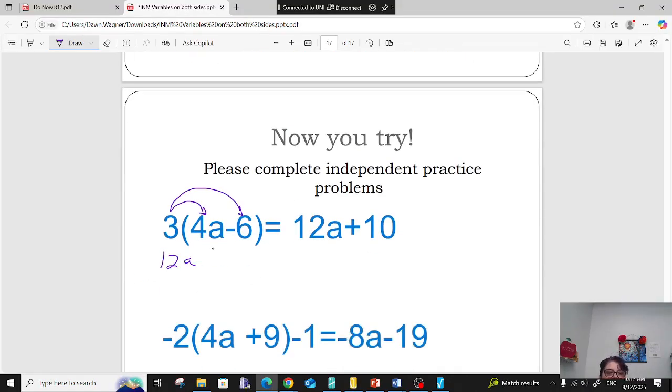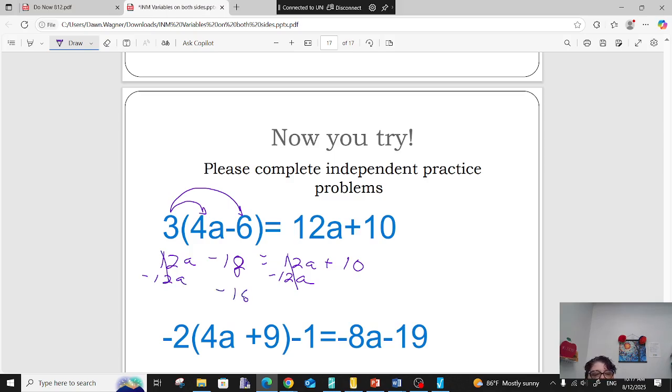So when I work out this problem, something weird's going to happen. That's 10. So what happens with these variables when I subtract the 12a? Do you see the variables cancel on both sides?